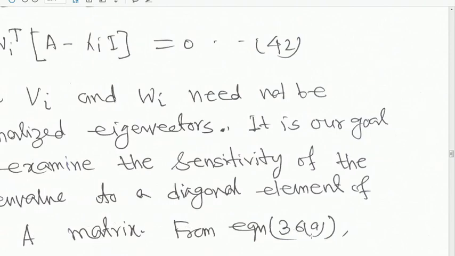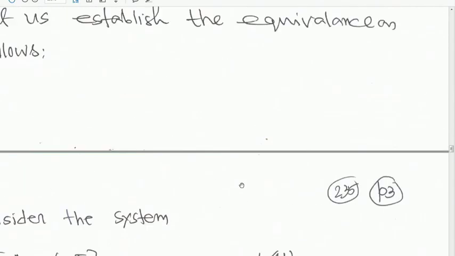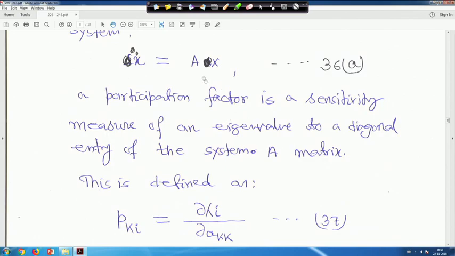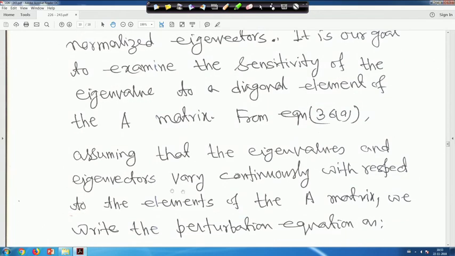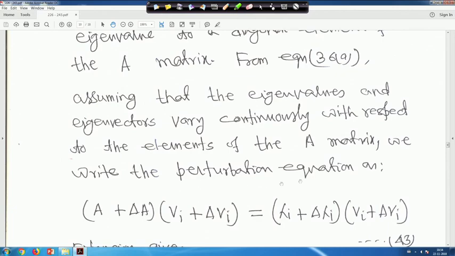So, from equation 36a, that is x dot equals A x, assuming that the eigenvalues and eigenvectors vary continuously with respect to the elements of the A matrix, we write the perturbation equation.